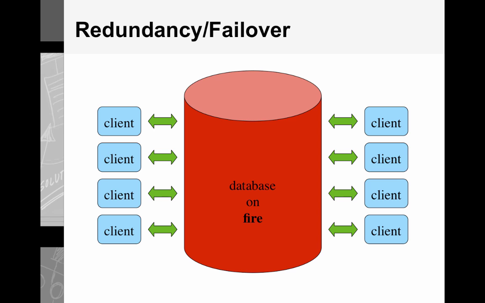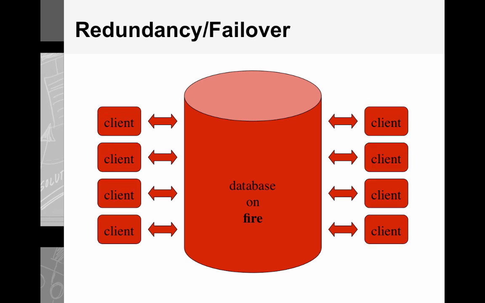Maybe somebody pulled the plug on the database, maybe the hard disk crashed, maybe the CPU crashed, maybe the network has gone bad. Whatever the reason is, the database is not working anymore. Slowly the connections between the client and the database are also going to stop working. And eventually it'll get to a point where the client applications cannot really do anything because the database is really not working.